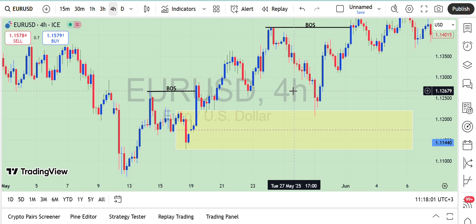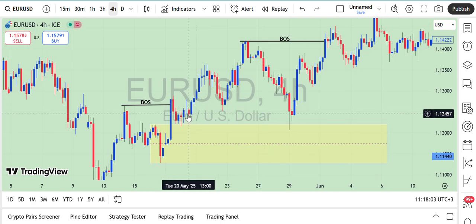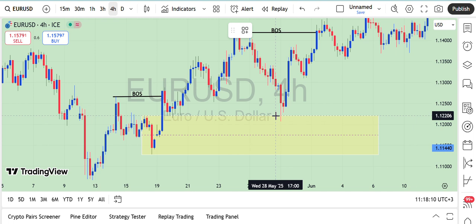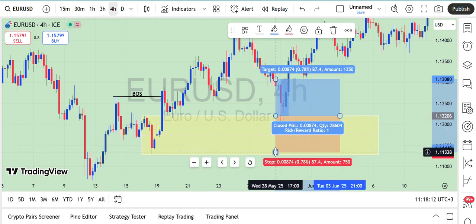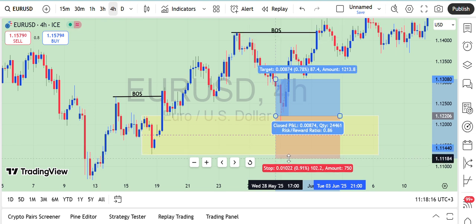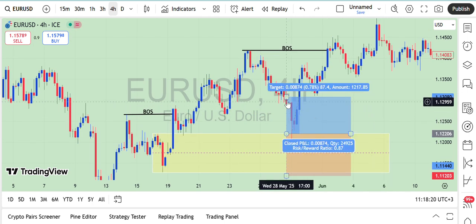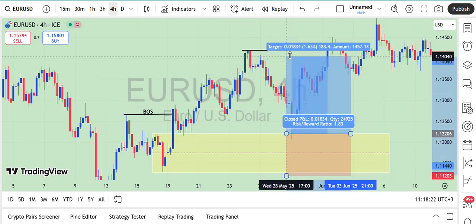So you can see very clearly, if someone took a trade from this zone, I'm sure it's a very good risk to reward ratio. Let me mark it correctly. Stop loss below the zone, and then take profit above the swing point up here.